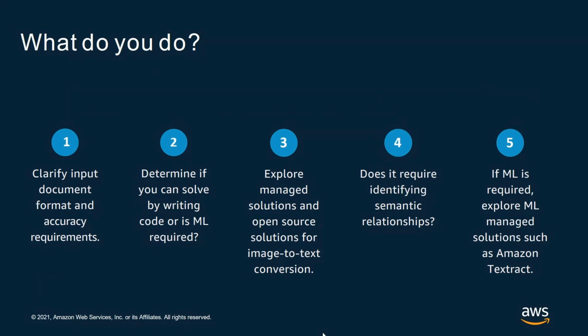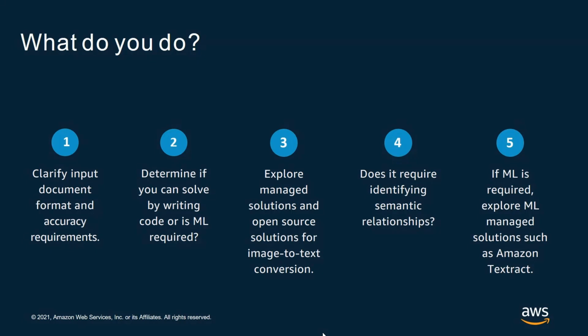The second thing you're going to do is not just jump into it, because we all know that ML and AI is the new thing, so pretty much everybody wants to do that first. But as a developer, you don't do that. You determine whether writing code is better, or whether machine learning or AI is actually relevant in this use case.